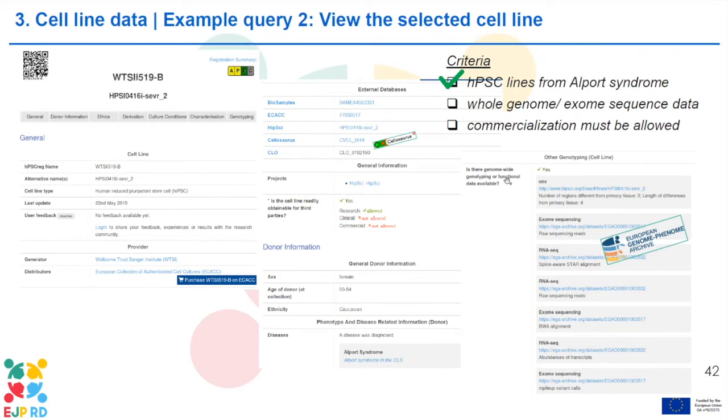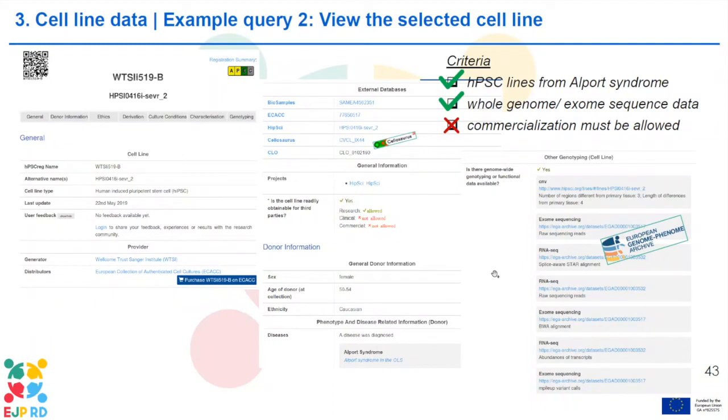Disease was diagnosed, and if you go near to the end of the record, you can see that there is some genome-wide data on the cell line. In particular, there's some exome sequencing and RNA-seq sequencing data, and this is available at EGA, which is incidentally also another resource that you can see on our webinar series.